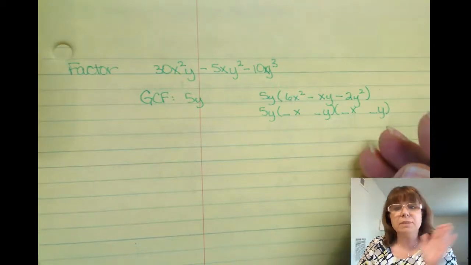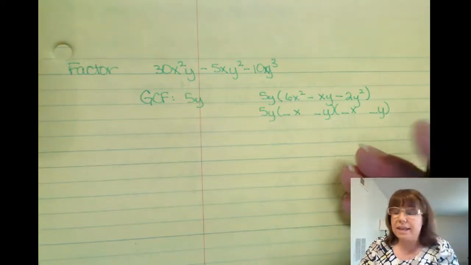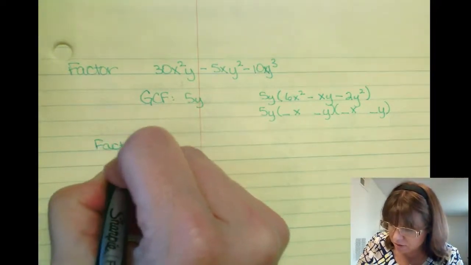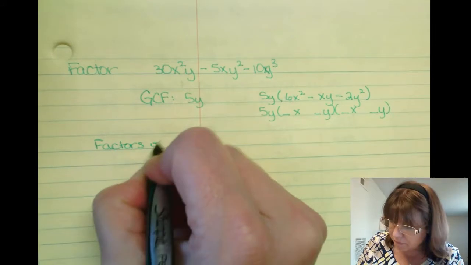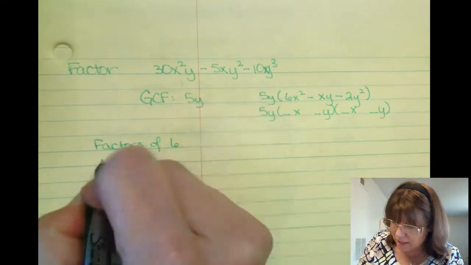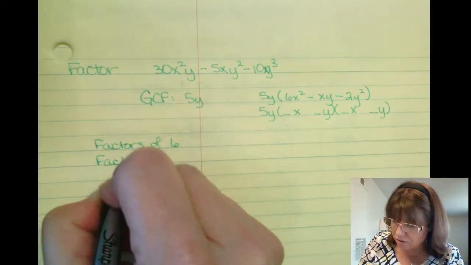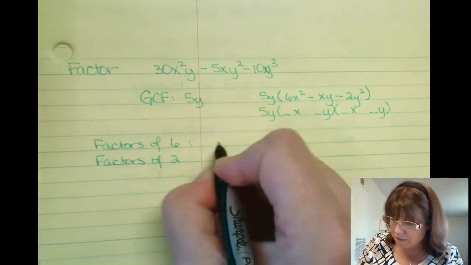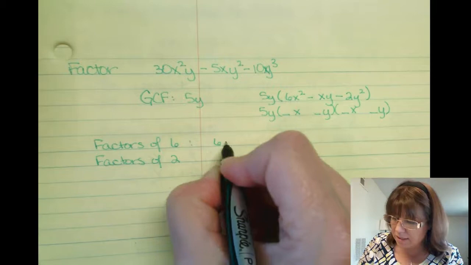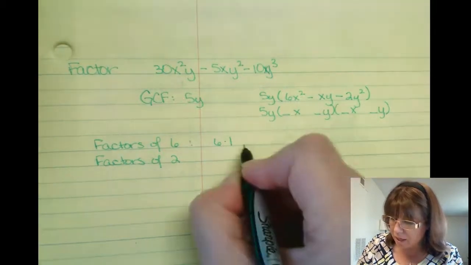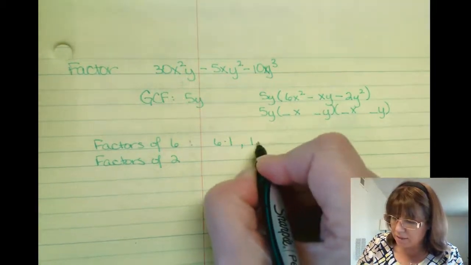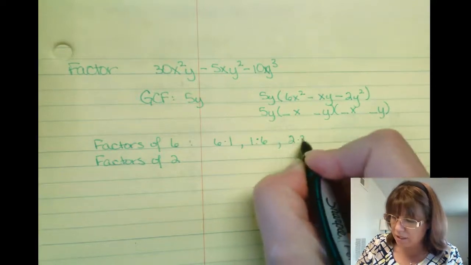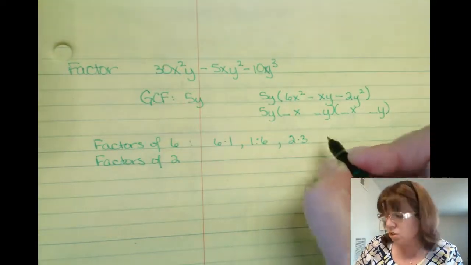Now, that kind of eliminated some of my work. But now I have to figure out what are the factors of 6 and what are the factors of 2. My factors of 6 are going to be 6 times 1 and 1 times 6, as well as 2 times 3 and 3 times 2.